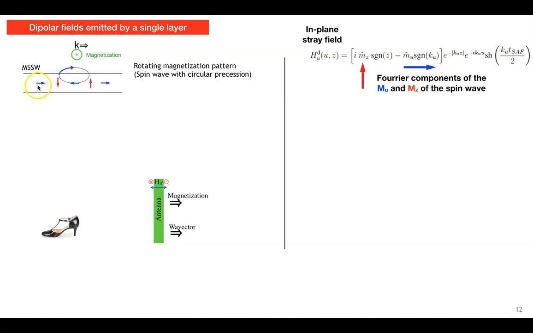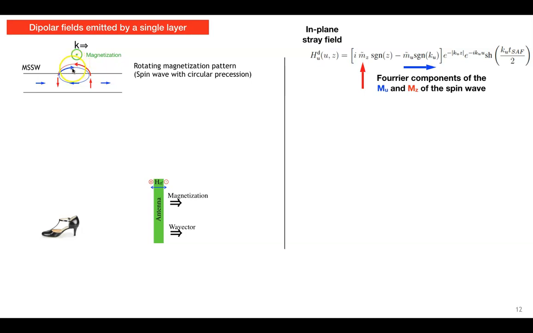For this, we first look at the stray field generated by the blue spins here. You can see that if the magnetization points to the left, the stray field will point to the right. While if we look at the stray field of the red spins, you will see that they generate a stray field that points to the left.